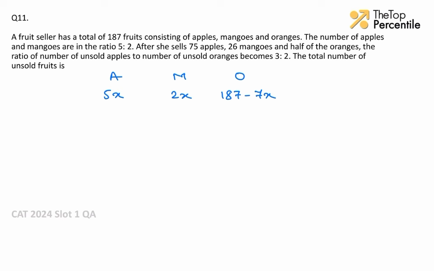Now let's look at the next statement. After she sells 75 apples, 26 mangoes and half the oranges, the ratio of the number of unsold apples to unsold oranges becomes 3:2.